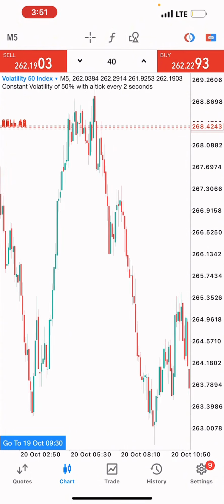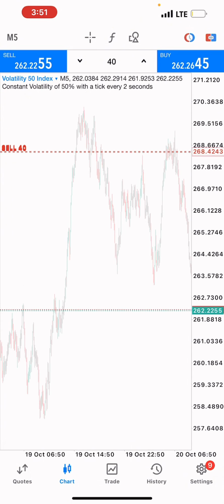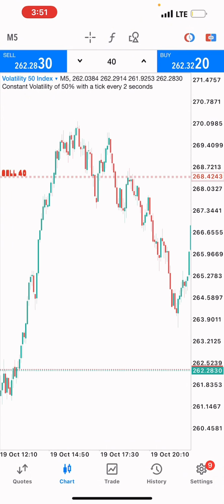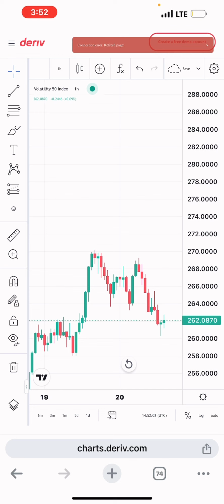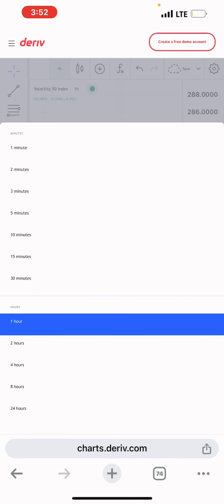So on the 5 minutes time frame, what was I looking out for? I'm looking for a sweep. I'm looking for a break of structure, a sweep of liquidity, and so on. So right here, I think my derivative TradingView mobile will be able to do that.